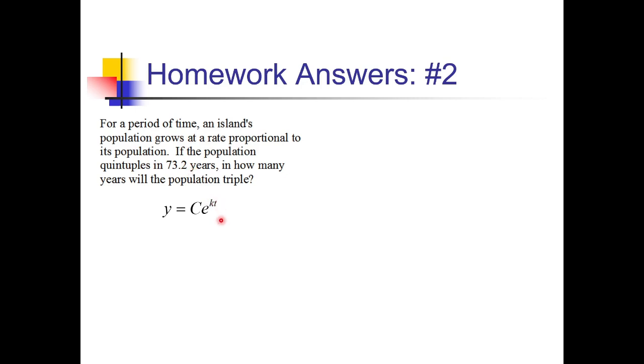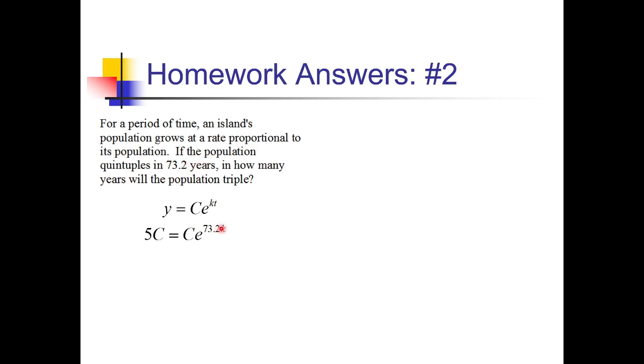So initially, I'm going to set up my equation so that I'm replacing y with 5c. That represents quintupling the initial population. And I'll leave c the way it is. So whatever c is, I've got 5 times that over here. And then I'll have e to the k times 73.2. I can use this 5c if I use 73.2 as my time, because those were linked in the problem.